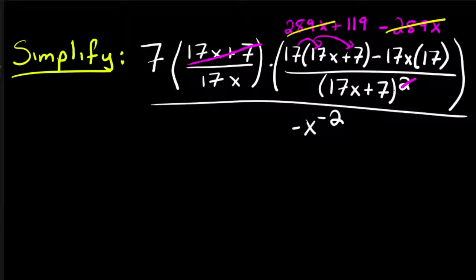Okay. So let me simplify this a little bit. Let me go down here to the next line. Now, if you look at this here, the only thing remaining is a 1. And then in this parentheses, the only thing remaining is a 119.